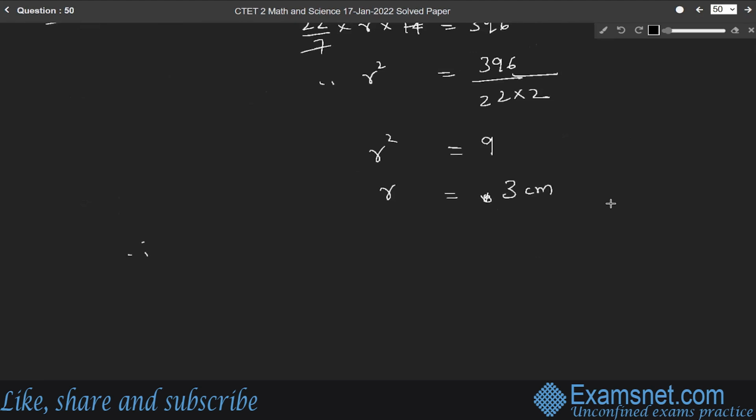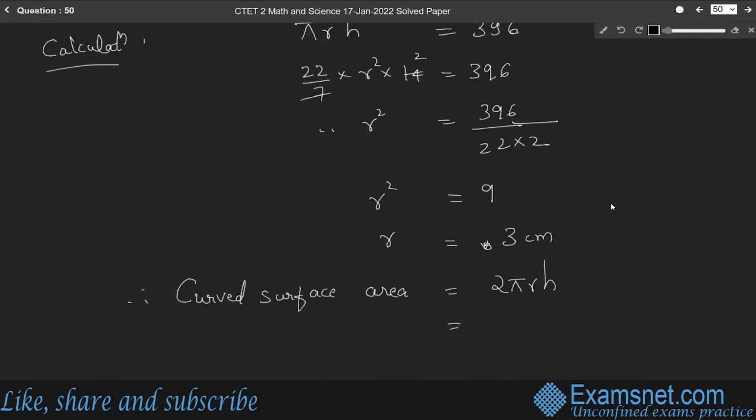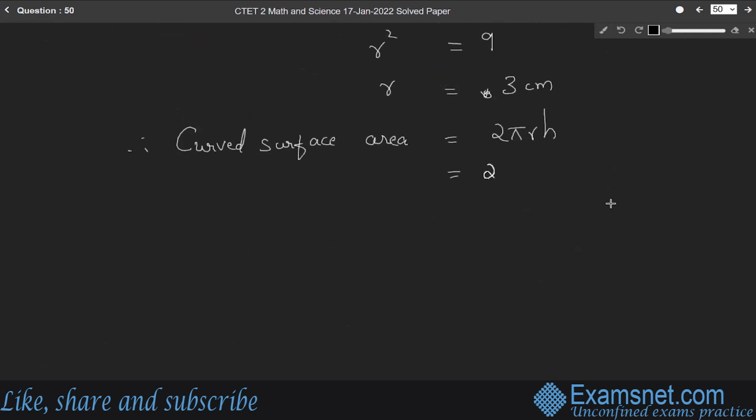Therefore, curved surface area of the right circular cylinder is 2 pi r h, which is 2 into 22 by 7 into radius 3 and height 14 centimeter.